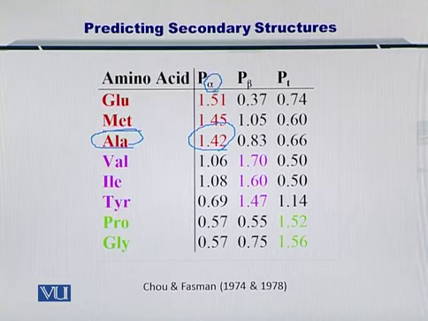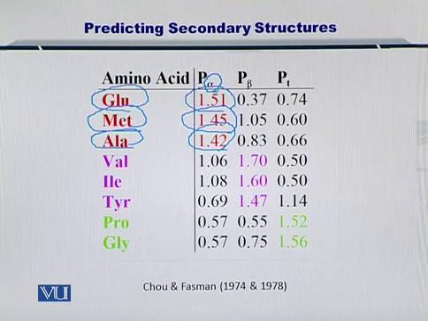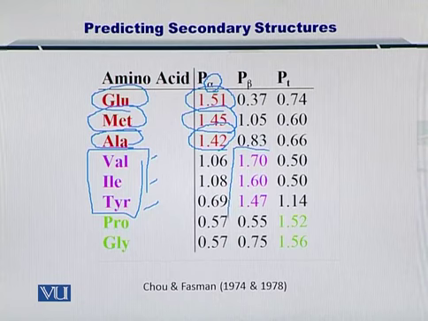Secondly, you can also see methionine, which has a very high propensity for formation of an alpha helix, and glutamine has a similar tendency as well. However, if you look at these amino acids, that is valine, isoleucine, tyrosine, then they have a very high propensity to form beta sheets.